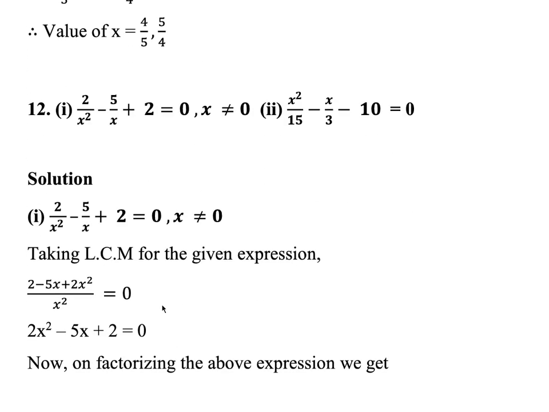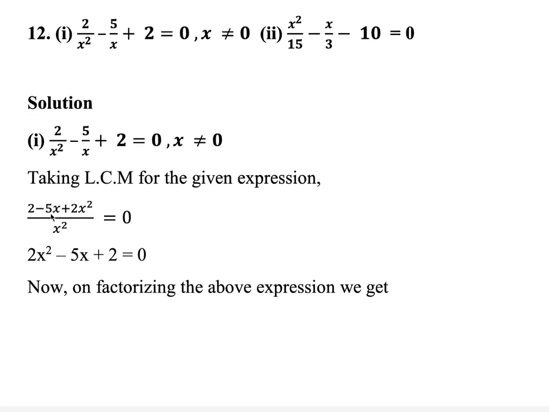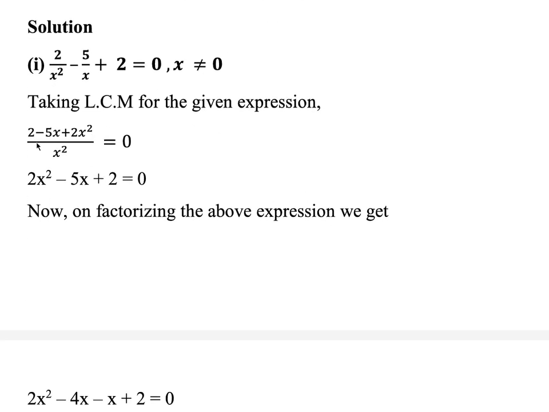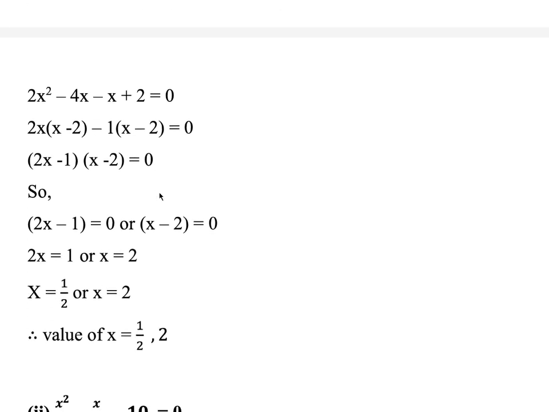Come to the next problem. 2 divided by x square minus 5 by x plus 2 is equal to 0, x not equal to 0. So here we are taking the LCM of the given expression. This one will be equal to 0. So 2x square minus 5x plus 2 is equal to 0.